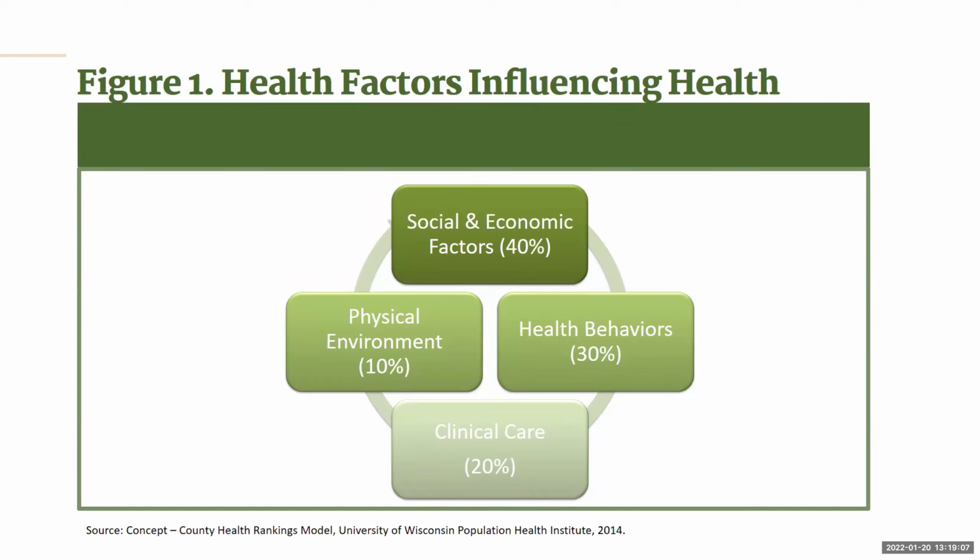Historically, when we focused on how to improve health outcomes, we've had a chronic disease issue and an obesity issue in America for a while, but a lot of that early work focused on medical care, clinical care, as well as health behaviors, which does make up about 50% of health outcomes combined. But in order to truly advance health equity, in recent years, we've begun to focus more on these social, economic, and environmental factors.